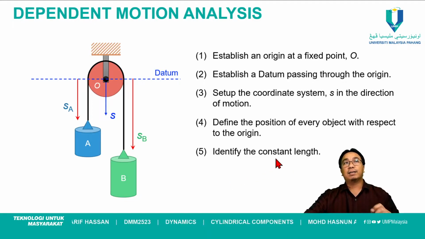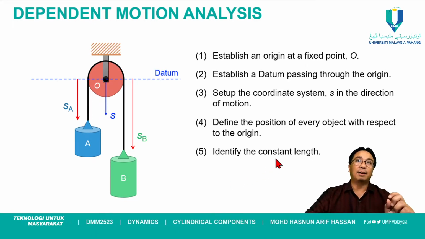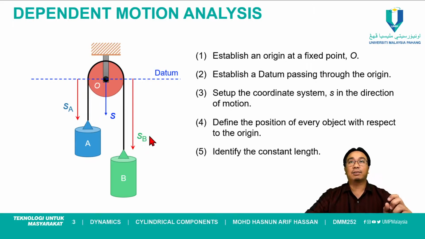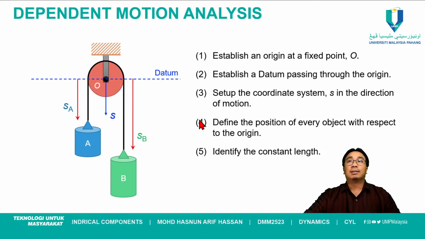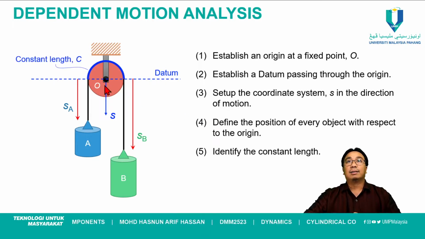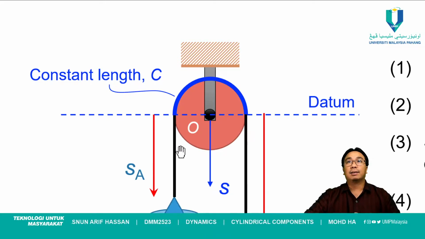So di mana constant length ni? Dekat mana you rasa constant length of the rope, of the tali, of the cord tadi? The constant length ialah di sini, di atas ini. Kalau saya boleh zoom in sikit, nampak tak?